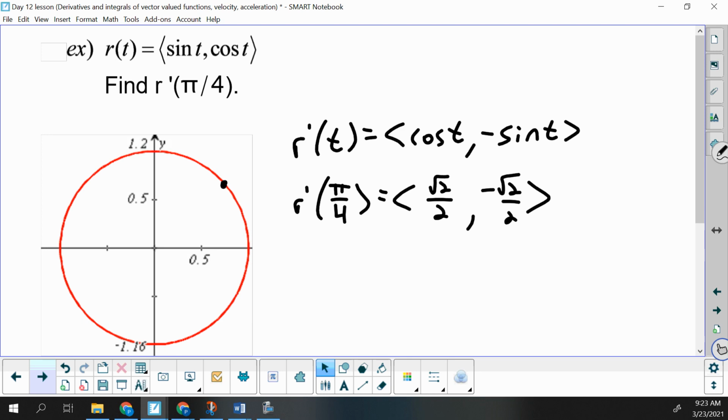Now because this point on the circle happens to be square root of 2 comma square root of 2, it's actually going down to the x-axis. So our velocity vector would end up looking like this, because that would be down square root of 2 over 2 and also right square root of 2 over 2. And that's showing us that at that instant the vector valued function is going in that direction. The length of the vector is telling us the speed there and the steepness of it.